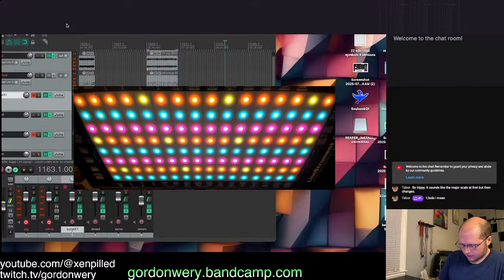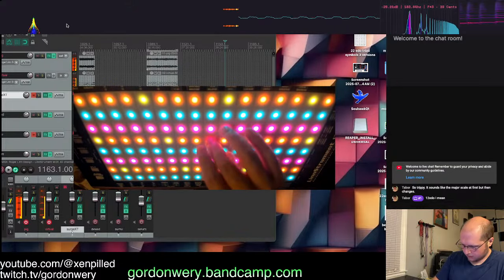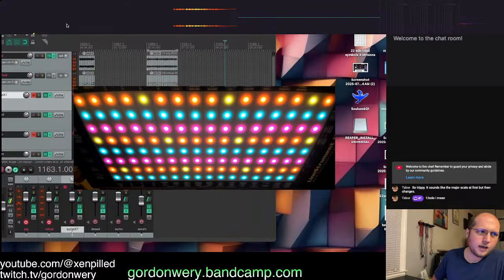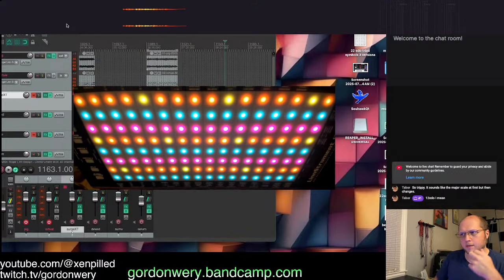So the nice tone goes like this. And just like in 22 EDO, nice tone has 3 step sizes.